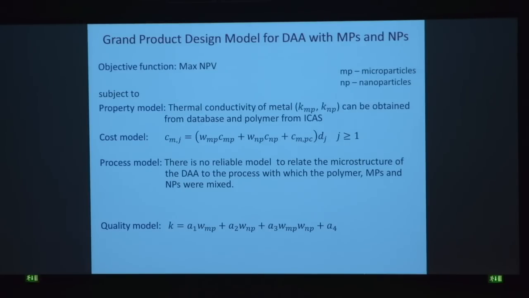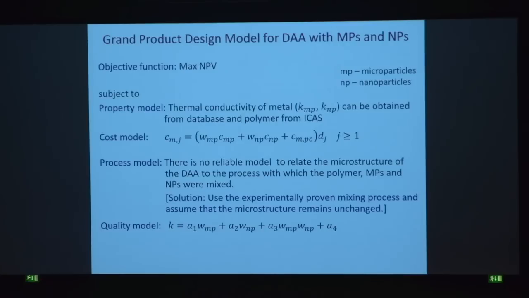For the process model, it turns out, as I mentioned before, there is no model for mixing. It's too hard. We don't understand the chemistry and sciences deeply enough. So the idea is to use the experimentally proven mixing process and assume that the microstructure remains unchanged.